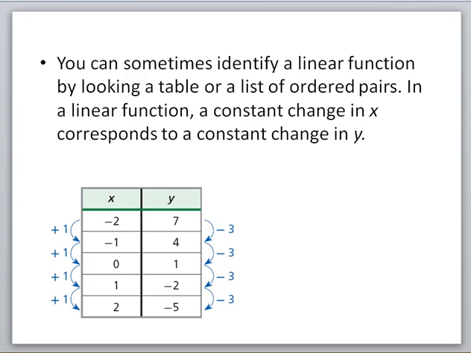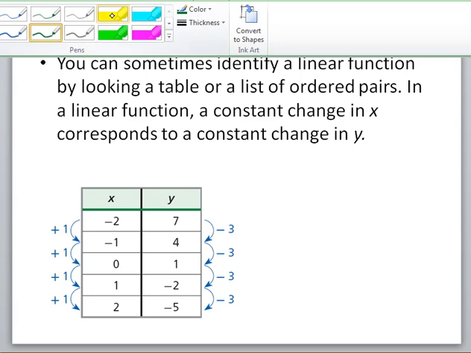You can also tell, not only from a graph, whether or not something's linear, you can tell by looking at a table or a list of ordered pairs. So this example I've given you is considered to be a linear function because there is a constant change in x that corresponds to a constant change in y. So what are those constant changes?